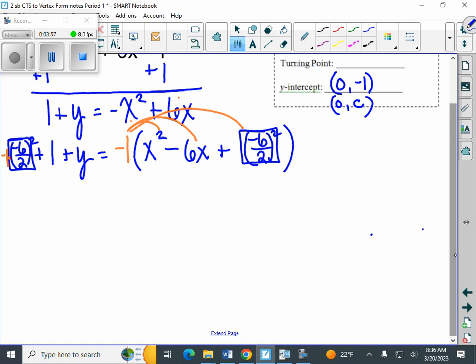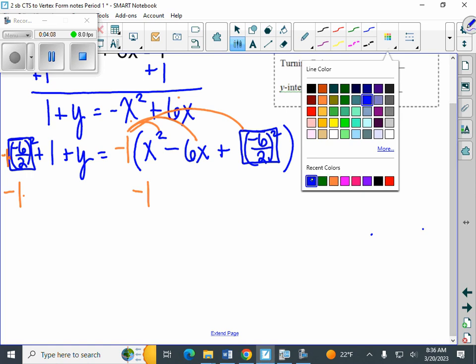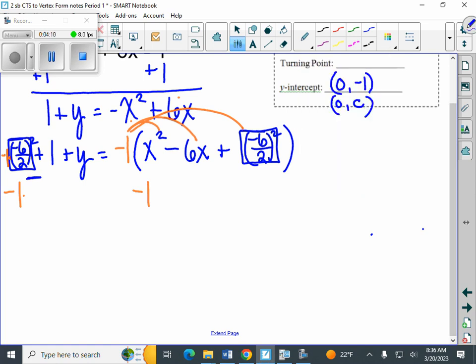And now we can simplify that. So negative 1 times our box there, and over here on the other side, negative 6 divided by 2 is negative 3, squared, plus 1 plus y.